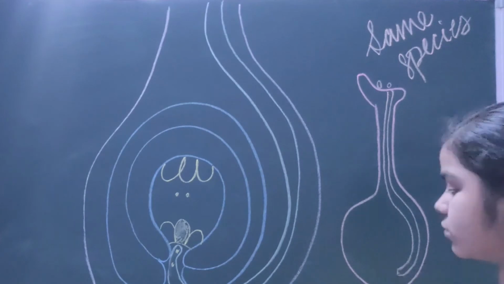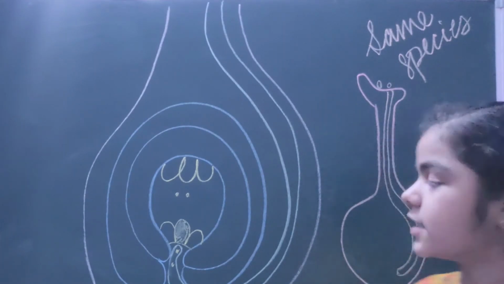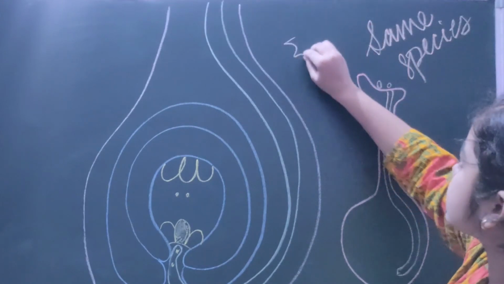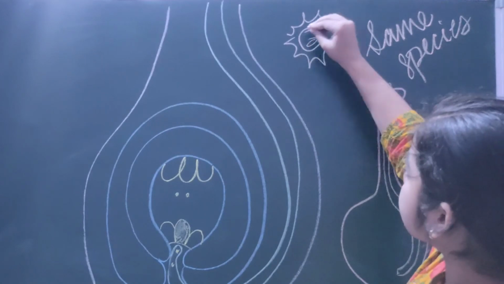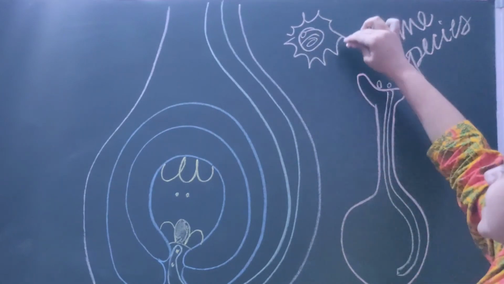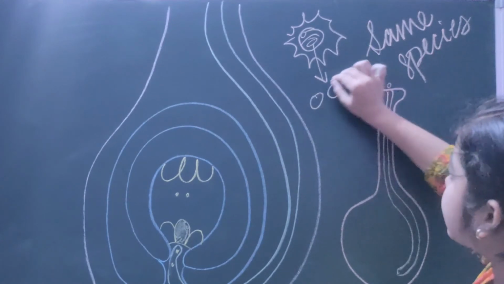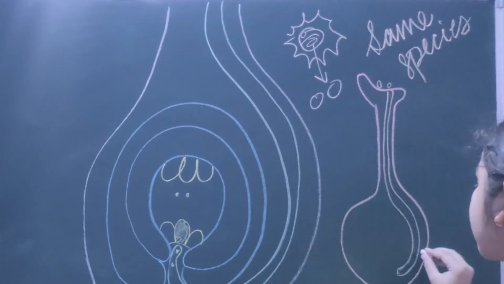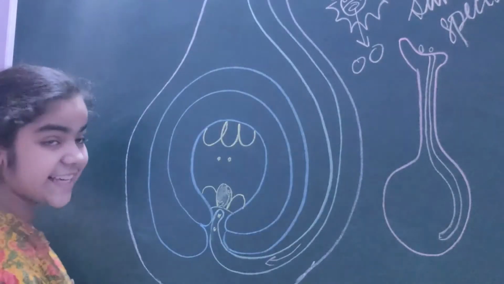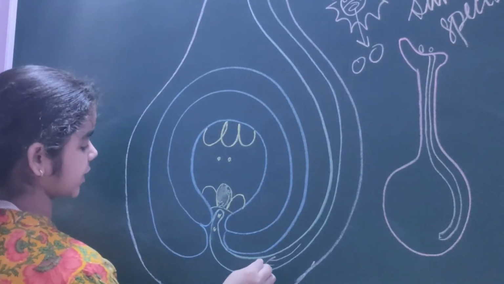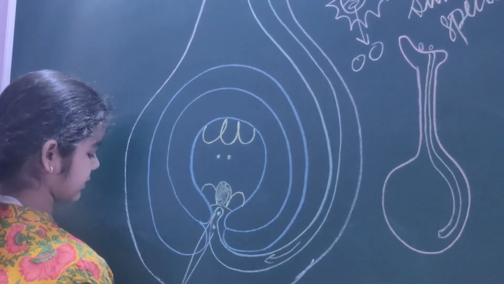Now during this course, the exine disintegrates. Let's see what happens eventually. So this is the exine, and here is one nucleus, here is one nucleus. So the exine disintegrates, and the generative nucleus divides itself into two. As soon as the gametes come here, the tube nucleus disintegrates, and these are the two generative nuclei.